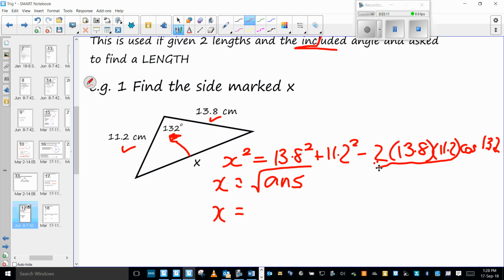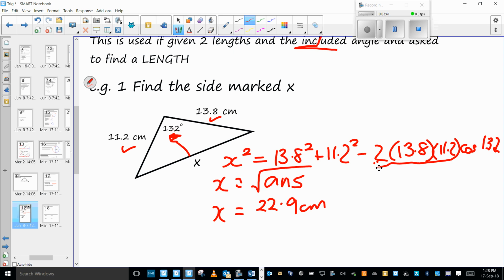Has anyone got an answer for me? So I need to square root. As always, you should be looking at that answer. Does that kind of make sense? Looks like it could be.